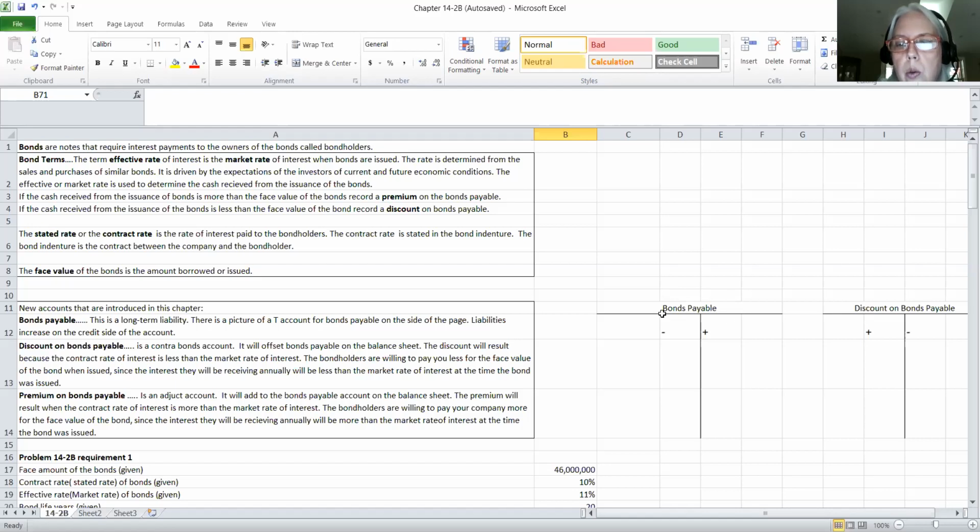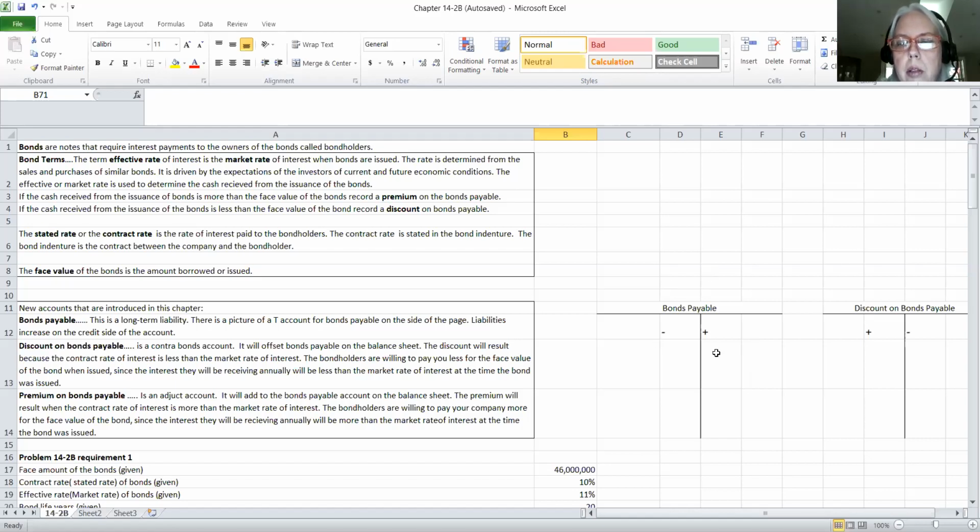This is a borrowing type of transaction, so when we sell the bonds, we have to record it as a liability. Because liabilities increase on the credit side, this is where you would initially record the bond issue, the amount of the bonds that you have sold and are out there on the market. You're going to credit the bonds payable account.